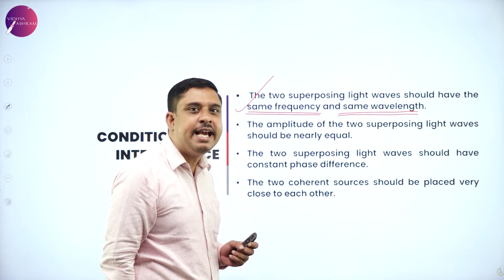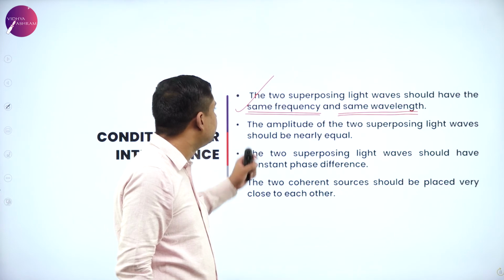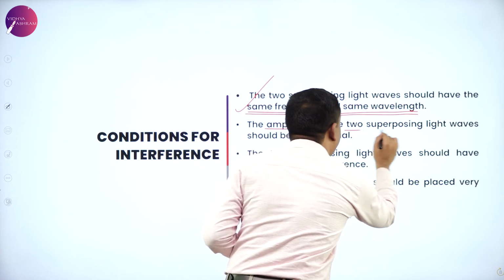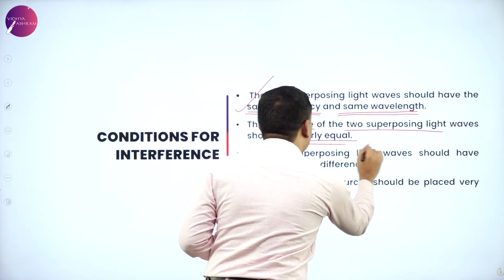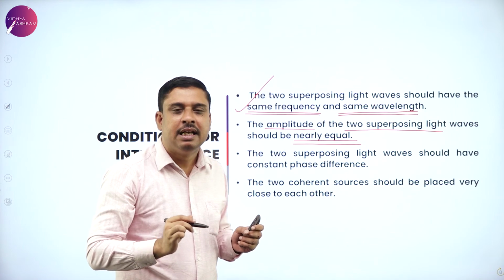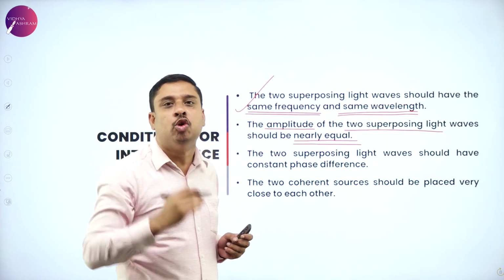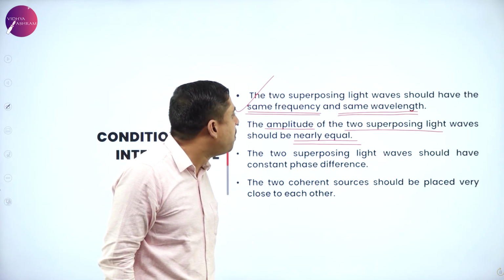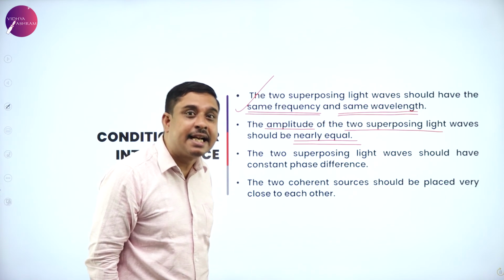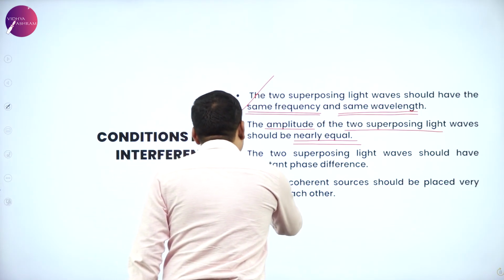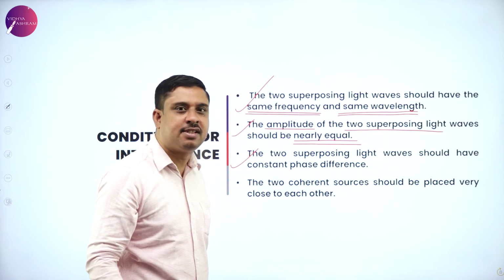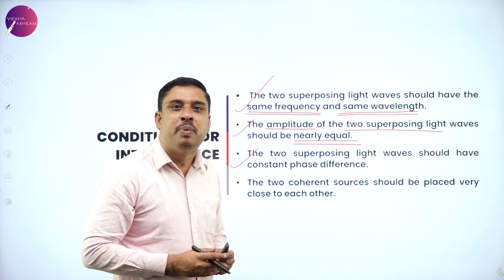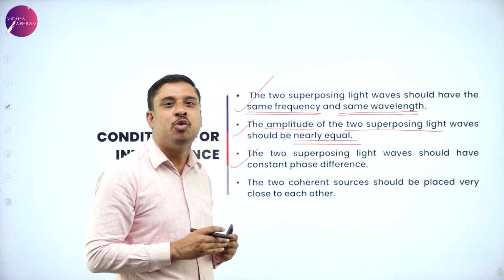The amplitudes, peak values, maximum displacements of the two superposing light waves should be nearly equal. There should be constant phase difference, and the two coherent sources should be placed very close to each other.